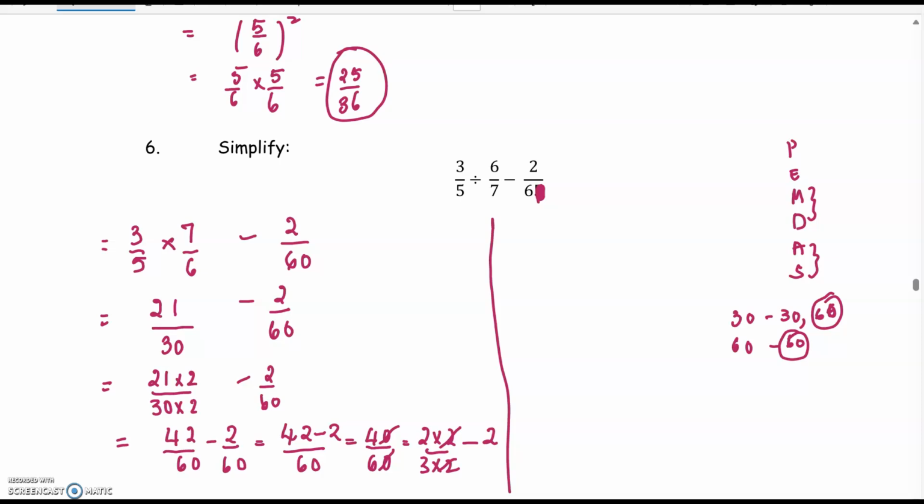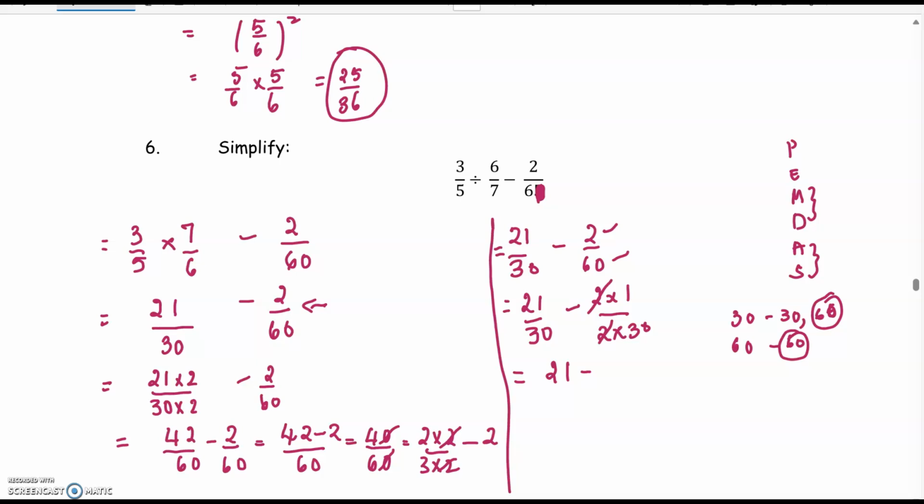So the next thing is, let's say we start here. 21 over 30 minus 2 over 60. Now, if you notice that there is a common factor of 2 in the numerator and denominator, it's 21 over 30 minus 2 times 1 over 2 times 30. And in this case, we can avoid a lot of work.